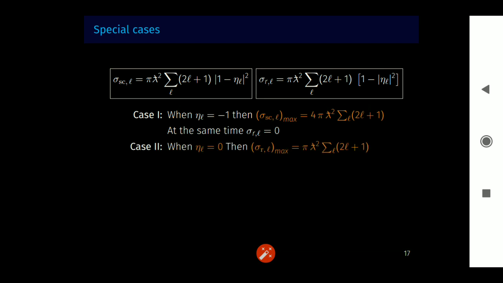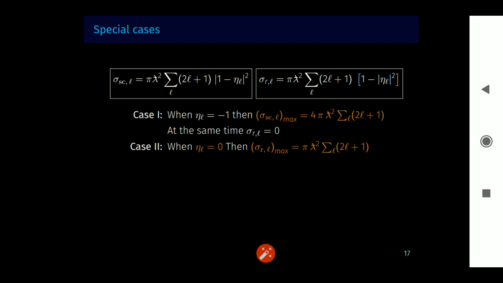Now the second case, when is reaction cross section maximum? Reaction cross section can be maximum when eta L itself is 0. In that case, the maximum value of reaction cross section is equal to pi lambda bar square times summation of 2L plus 1.